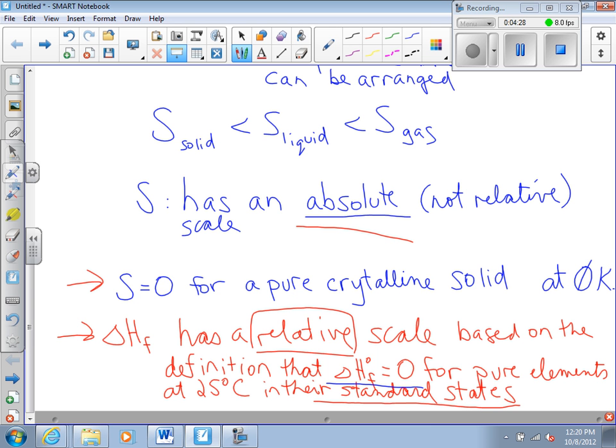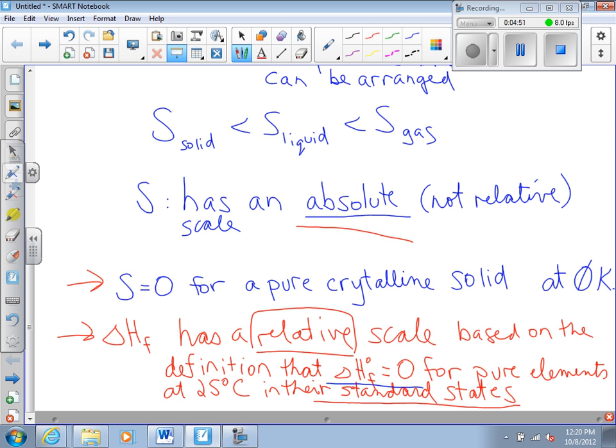So the enthalpy of formation for pure elements is defined as 0, and all compounds are relative to this scale that's defined by scientists. We could have picked some other relative scale, but we've chosen, we're going to say all pure elements have a heat of formation equal to 0.